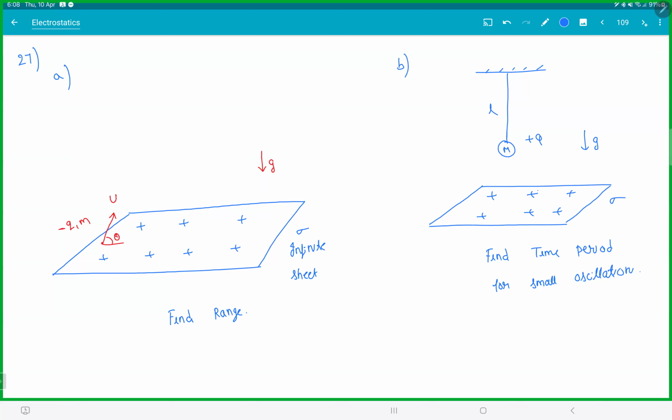You just have to dump the G effect and you'll get the answer. There was no other concept, just that.